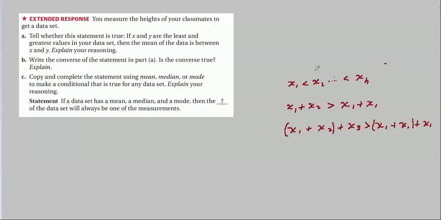Now, how do we get the mean? Well, we add up the numbers, and we divide by how many numbers there are. In this case, we would add these up and then divide by n. Well, what about the first two? x1 plus x2. Well, if we start with x2 greater than x1, I can put that up here.